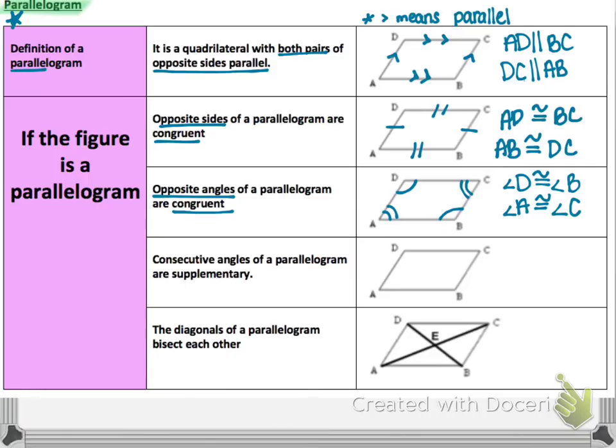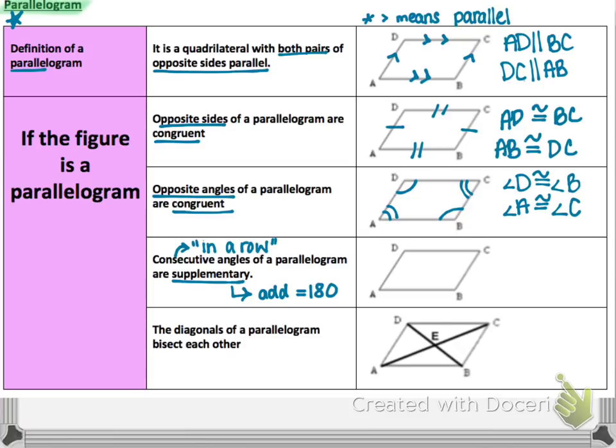Alright, now if you remember when we had consecutive interior angles or same side interior angles, they were supplementary. That's pretty much the same thing we have here. So if we have angles that are consecutive or in a row, they are going to be supplementary. Remember, supplementary means they add to equal 180 degrees.